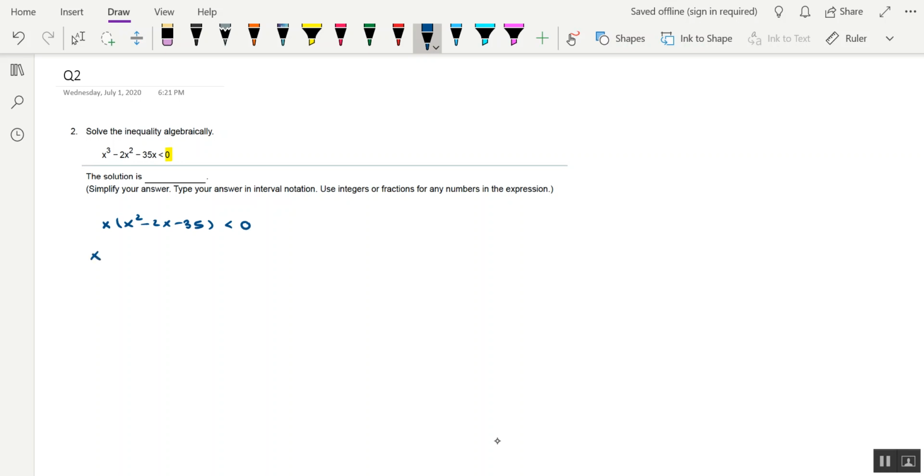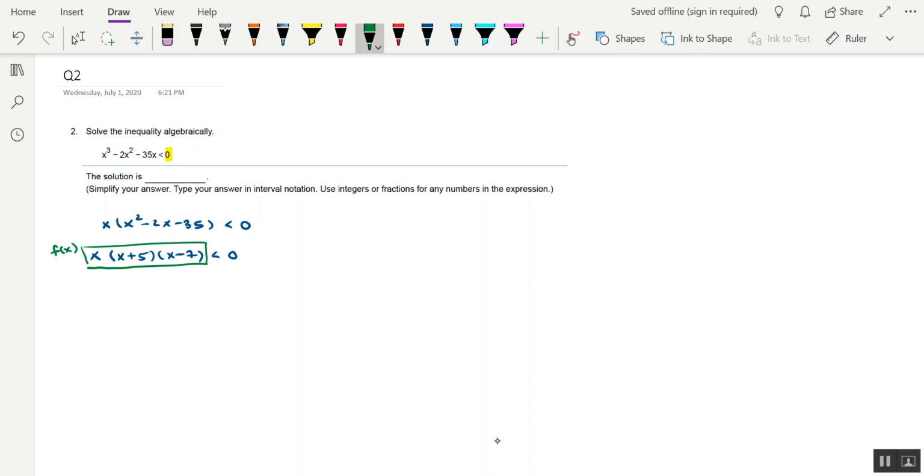And the quadratic x squared minus 2x minus 35 will factor as well, as quantity x plus 5 times quantity x minus 7. So this fully factored version of the polynomial function is what I would like to assign as f of x.